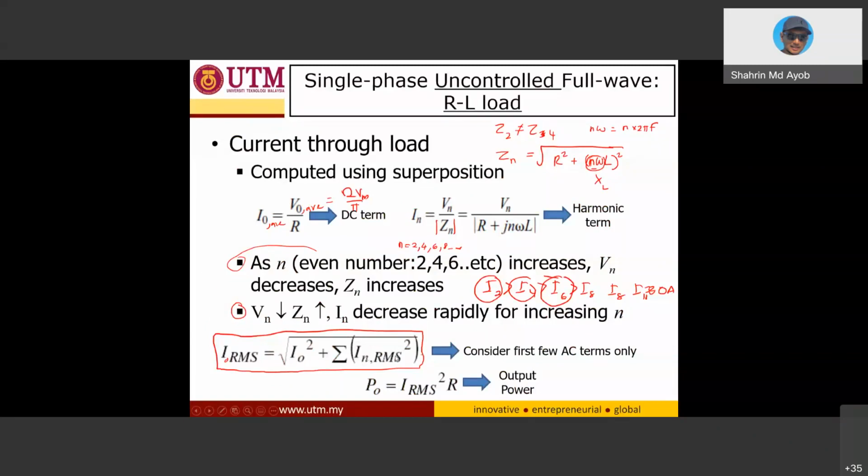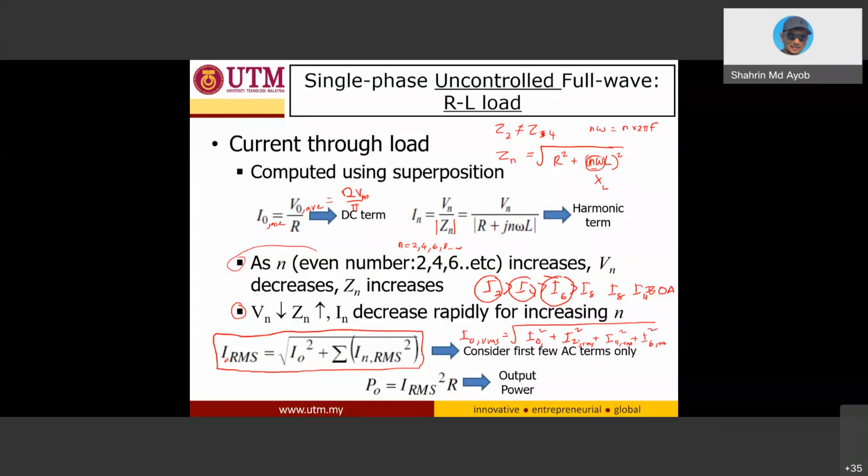So if I use up to I4, I can write my equation for I out as the square root of I out average squared plus I2 RMS squared, which must be RMS, plus I4 squared, maybe plus I6.